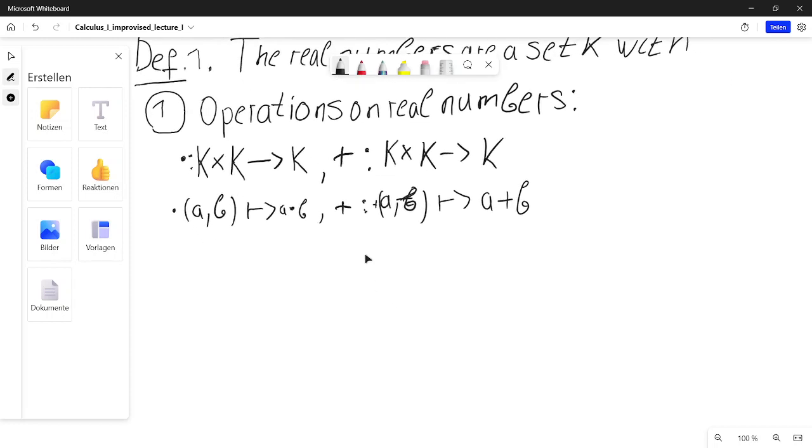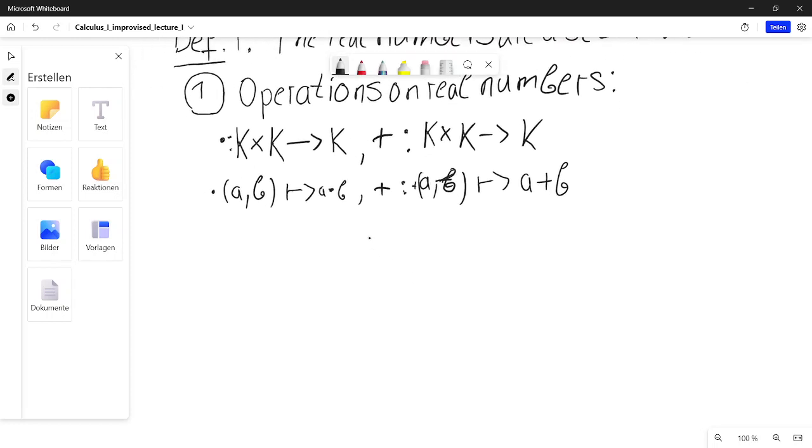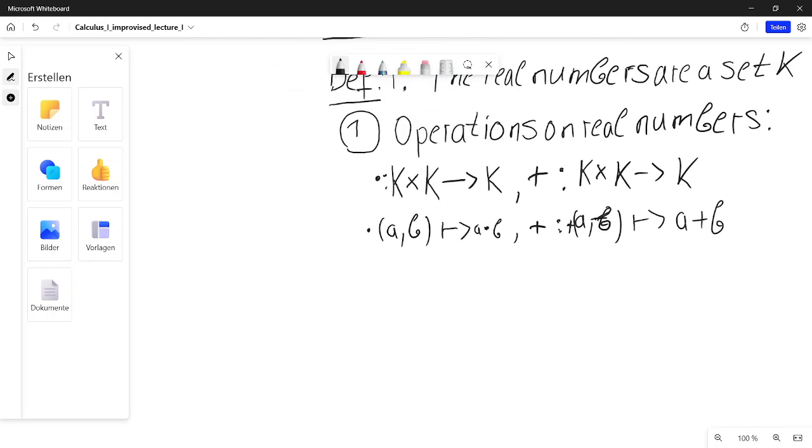But now we begin to require properties of these maps. Well, there are two maps.